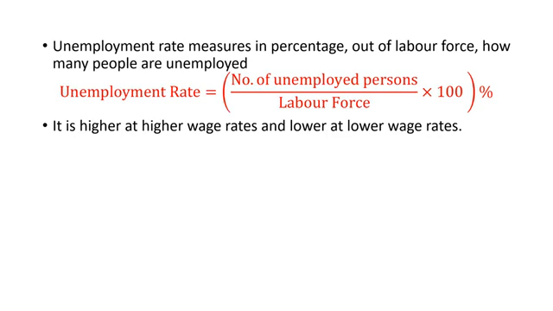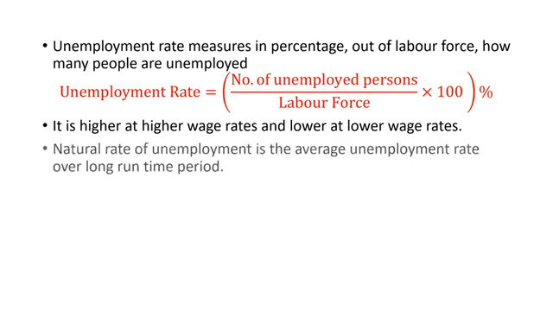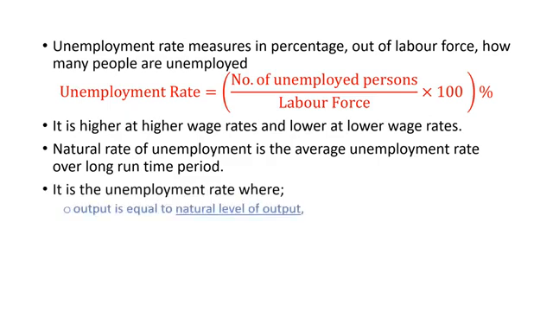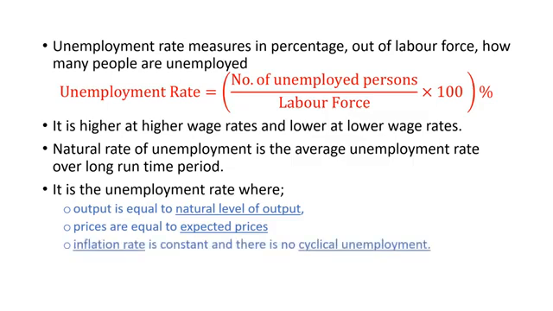The natural rate of unemployment is the average unemployment rate over a long period of time. In more technical words, it is the unemployment rate where output is equal to natural level of output, prices are equal to expected prices and inflation rate is constant and there is no cyclical unemployment.